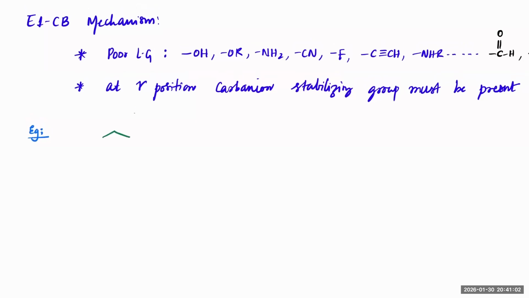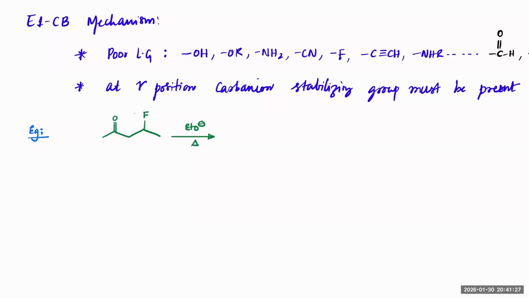Suppose I have a leaving group like fluorine here, but it's a very poor leaving group. Then there is a double bond O here. Now when you treat with a base like EtO minus and heat, you know that removing fluorine is difficult because these are all poor leaving groups.